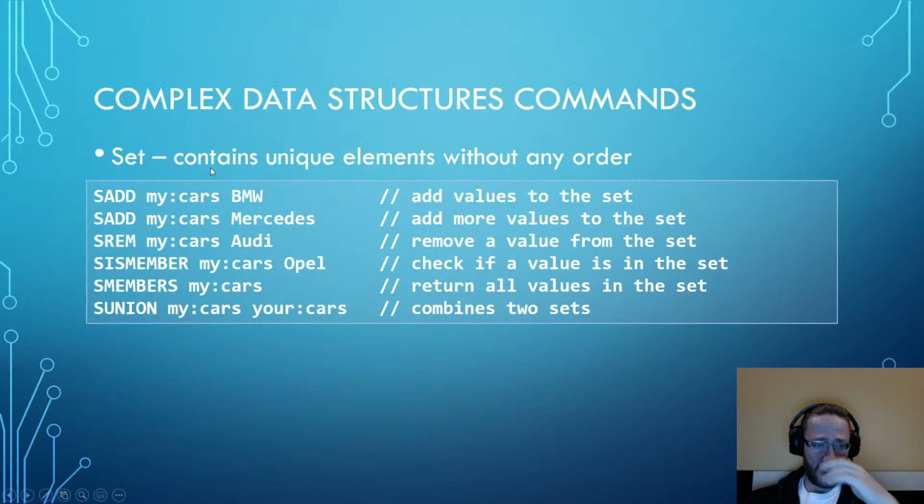Let's continue with the next data structure. That's the set. The set contains unique elements without having any order, because the list had an order. The list had first, second, third, and so on. But the set doesn't have any order. The set just contains unique elements.